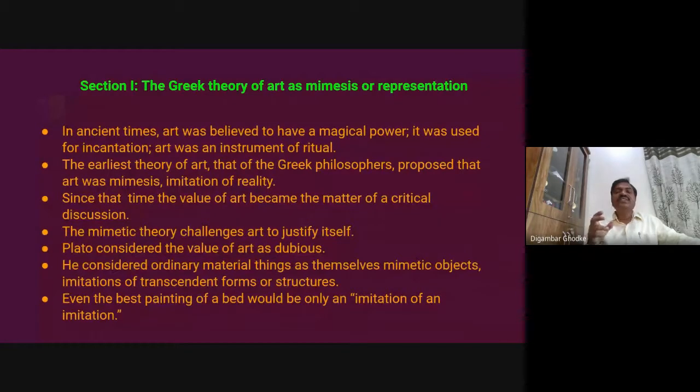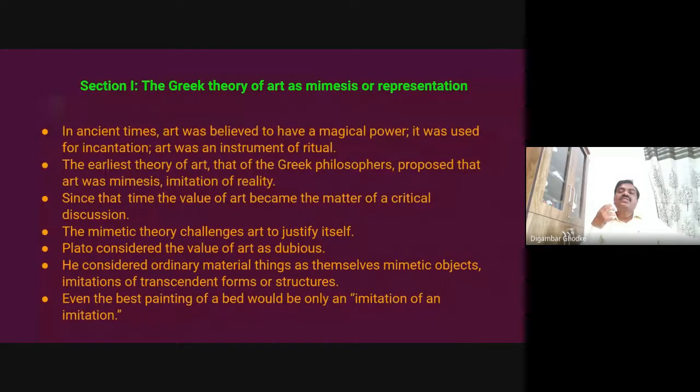A ritual is the things which are performed for worshipping. So it was a part of these religious rituals. Art was part of ritual in ancient times. And the earliest theory of art we are familiar with is considered to be the Greek theory of art.